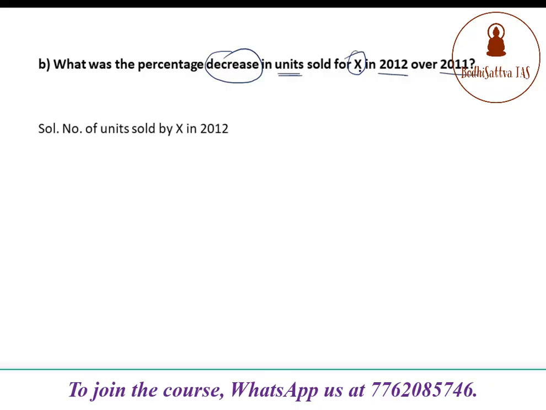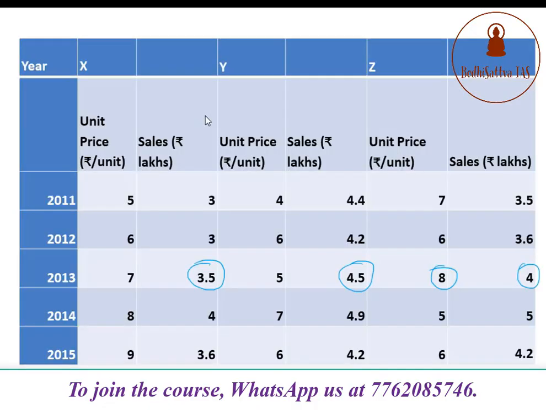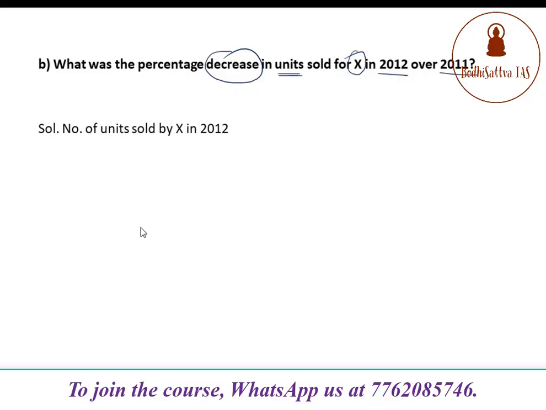So let's move. First of all, we have to find out the number of units sold by X in 2012. So let's see the table first. The year is 2012 and sales was 3 lakhs and unit price was 6. So we have to find out the number of units sold by X in 2012.